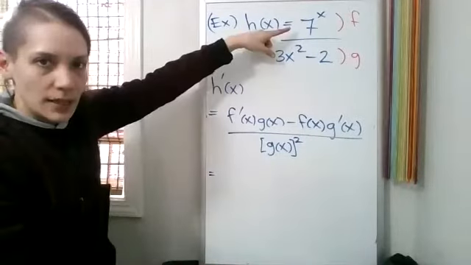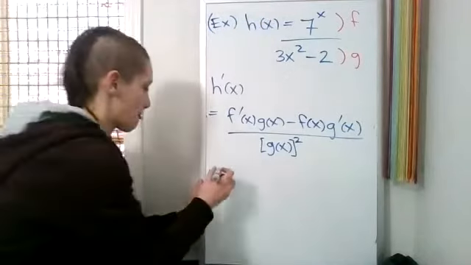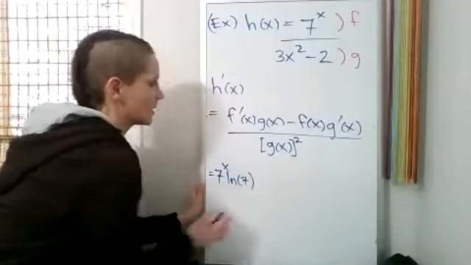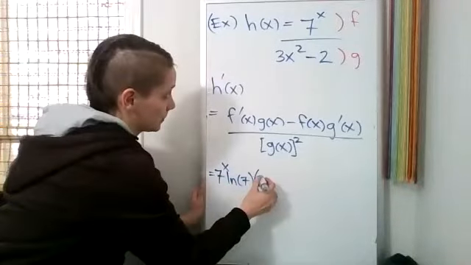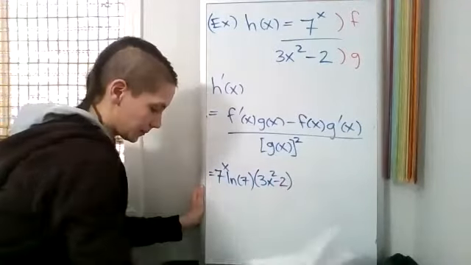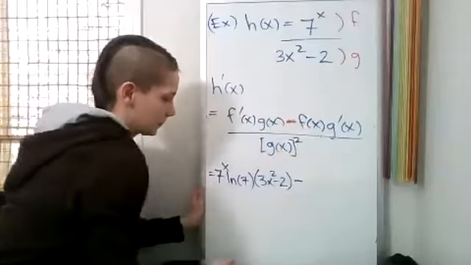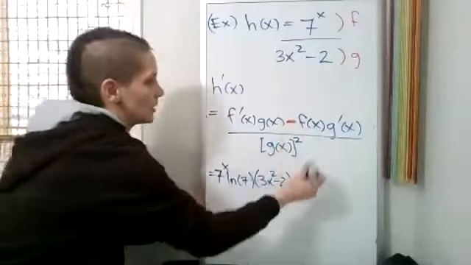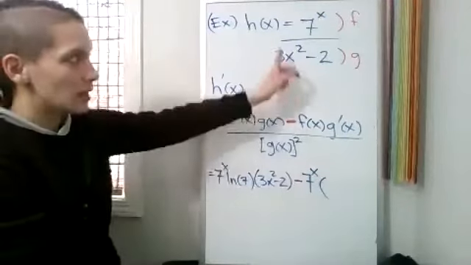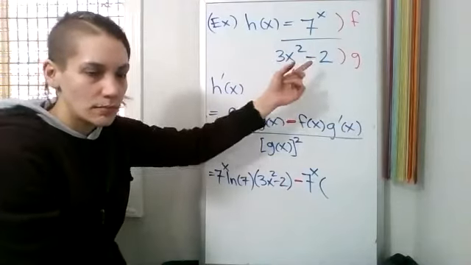The derivative of 7 to the x is 7 to the x ln of 7, times g of x. And subtract f of x times the derivative of this denominator, so 6x minus 0.